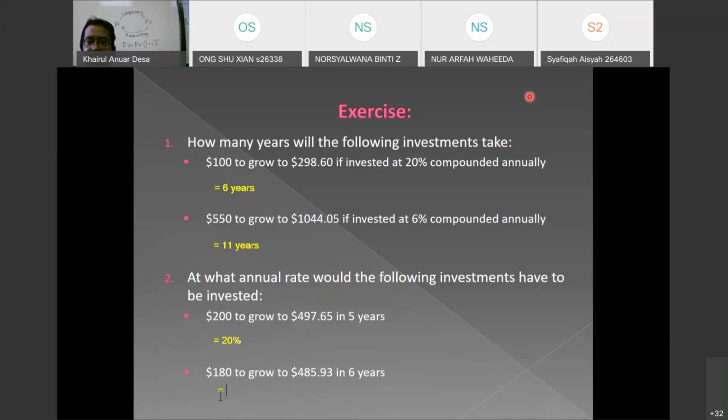Alright, 18%. Okay, yang terakhir sekali itu adalah 18%. Okay, any question? Ada apa-apa soalan? Boleh ikut?